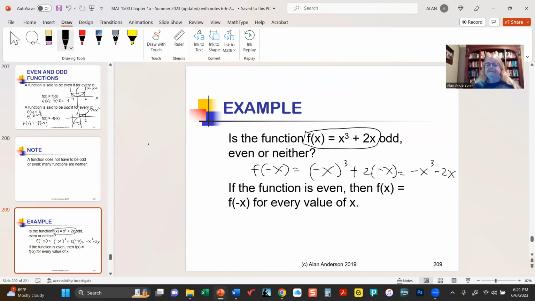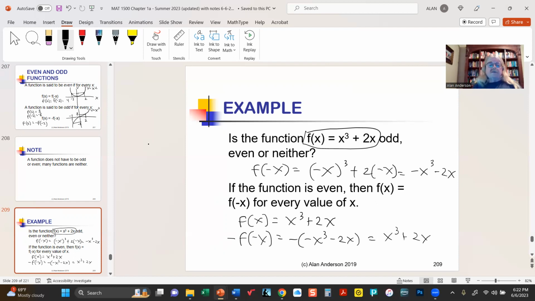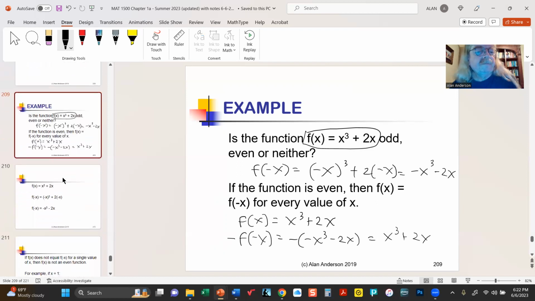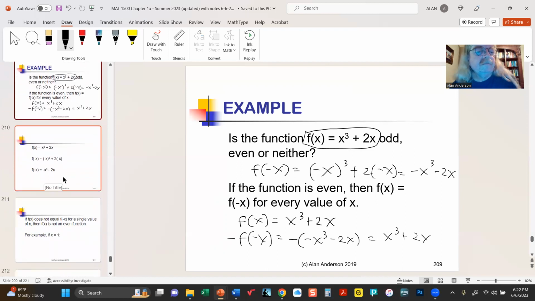Now, if you notice, I'll get them together right here so you can see. So what that demonstrates is that this is an odd function.